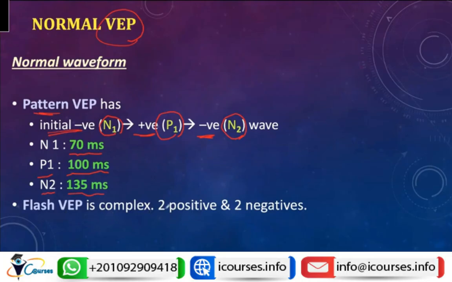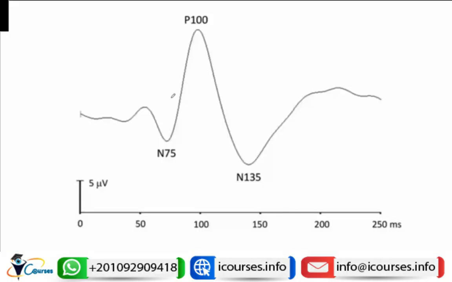The flash VEP is more complex than the pattern, presenting with 2 positive waves and 2 negative waves. So here is the appearance of normal pattern VEP. The first wave is a negative wave called N1, which appears at 75 milliseconds, so it's called N75.